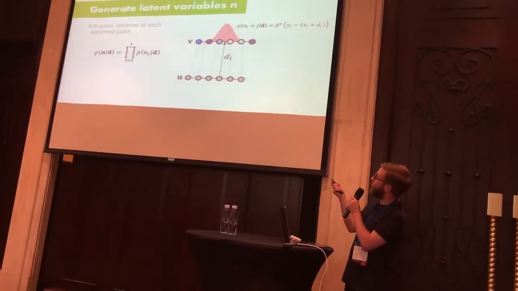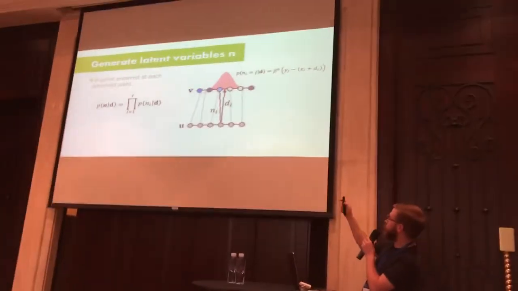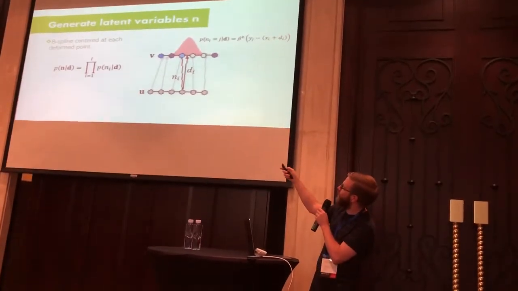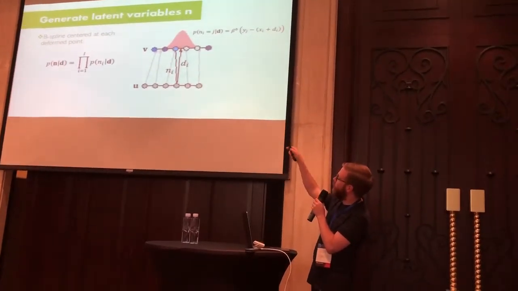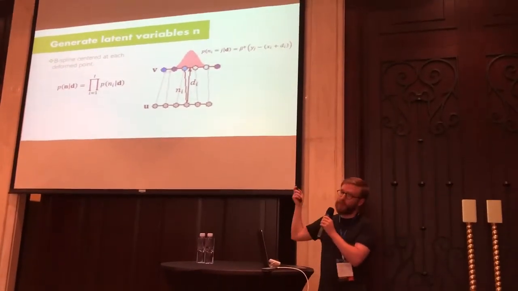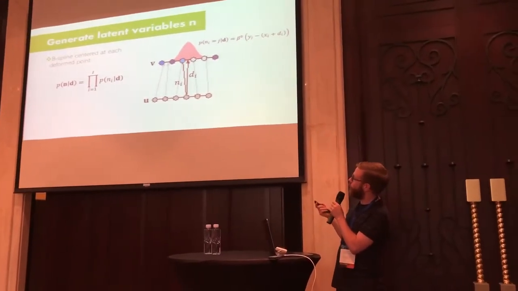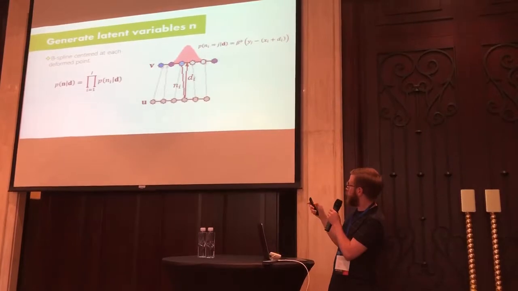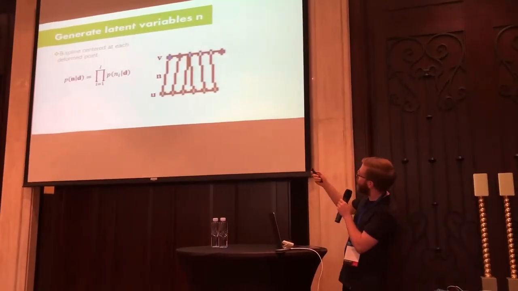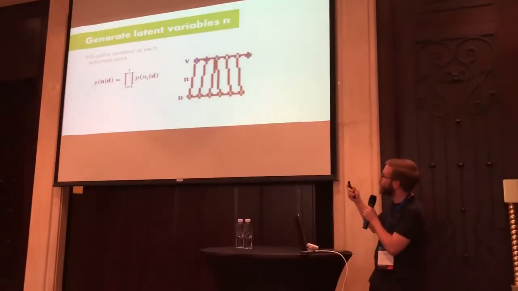The latent variables that we have are basically a connection between one of the nodes in V and a voxel in U. And here we have all the latent variables connected.